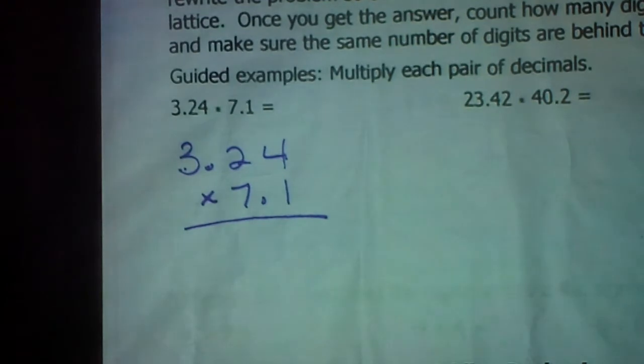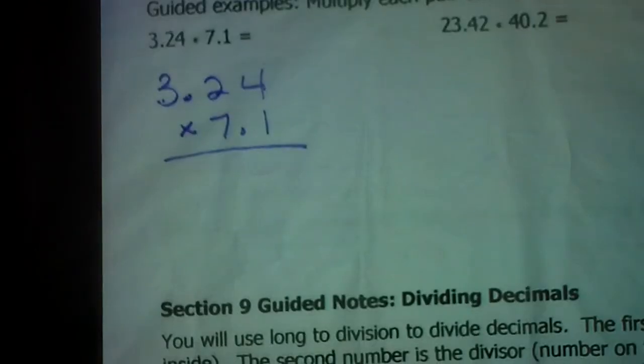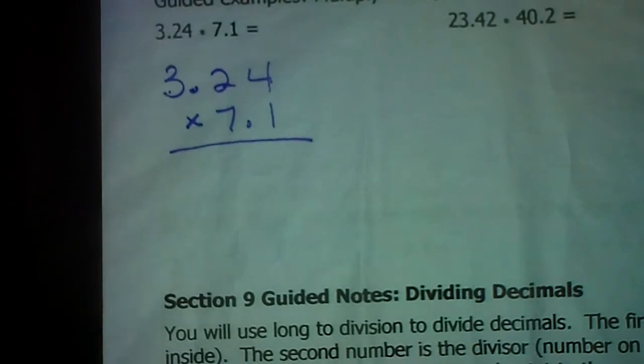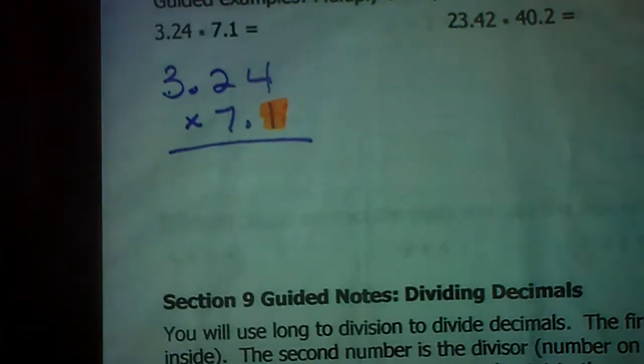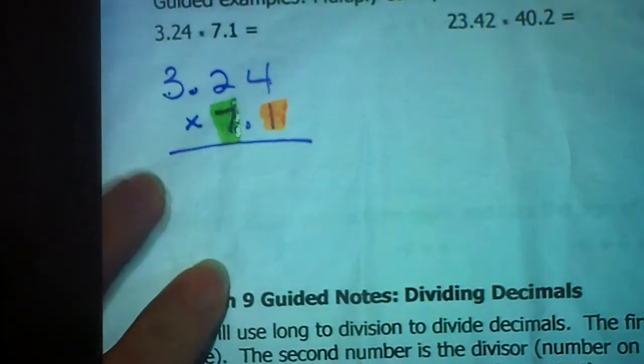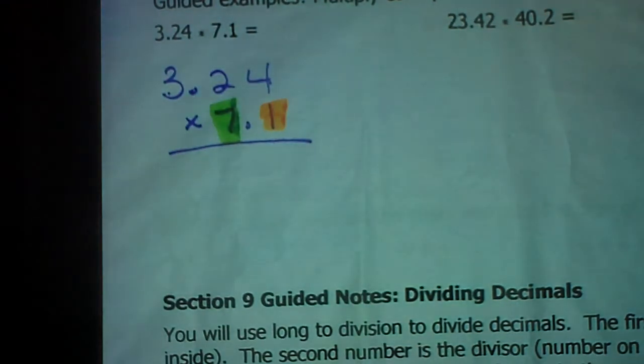All right, I'm going to do some color coding here so that, if you're not familiar with the traditional method of multiplication, you can follow along. I'm going to highlight my tenths place in orange, and my ones place in green, because when I do the multiplication, I want you to see why I'm putting certain numbers in a certain place.